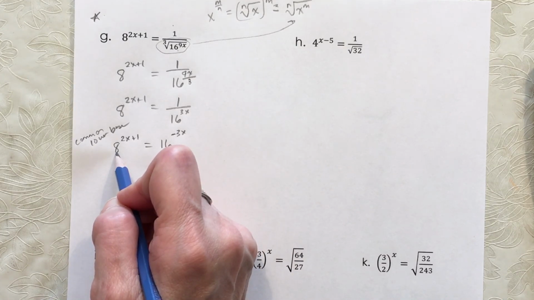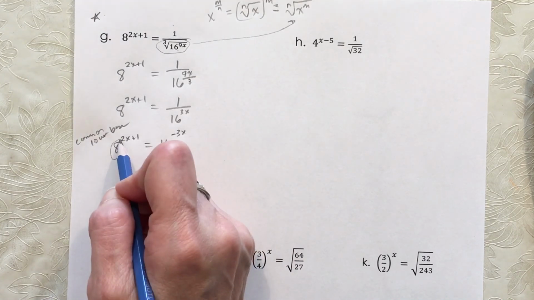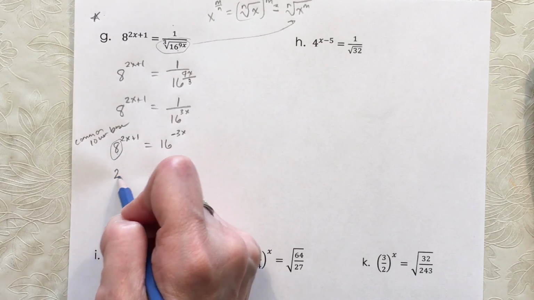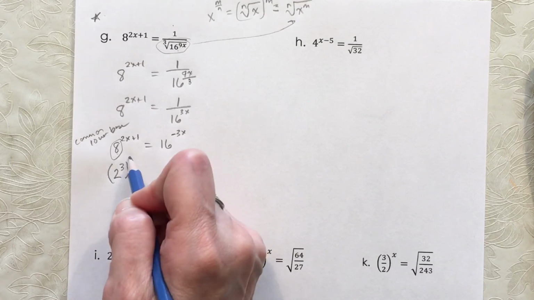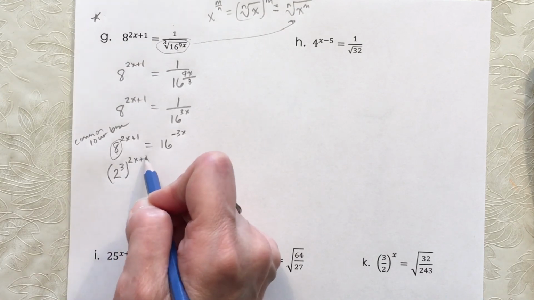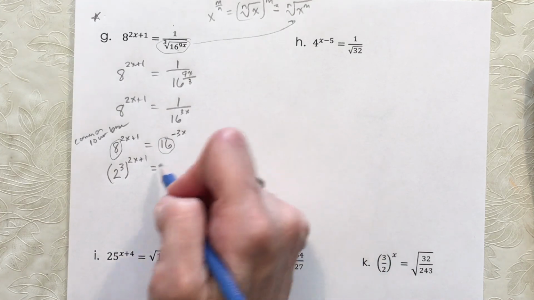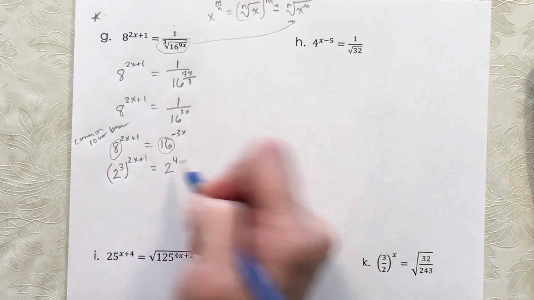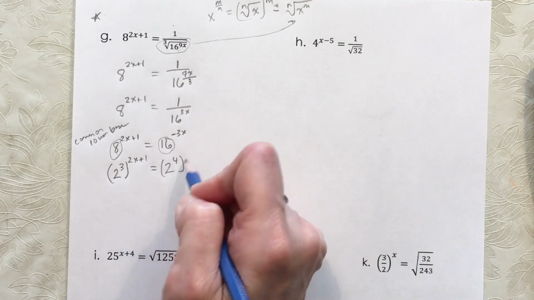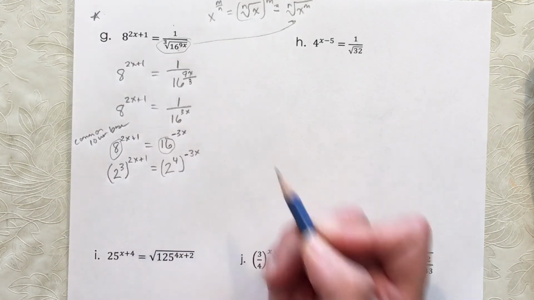So you have to go even lower to 2. So we're thinking 8 can be written as 2 to the power of 3, but that's still to the 2x plus 1. And 16 can be written as 2 to the power of 4, but that's still to the negative 3x.